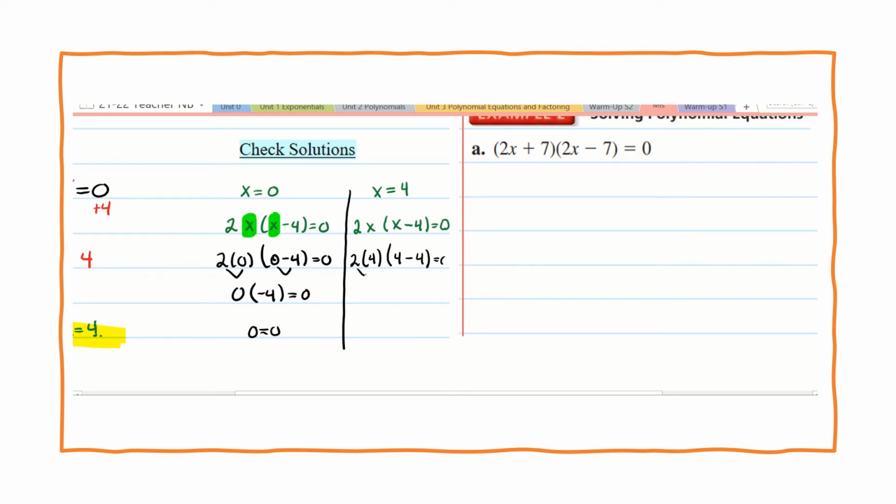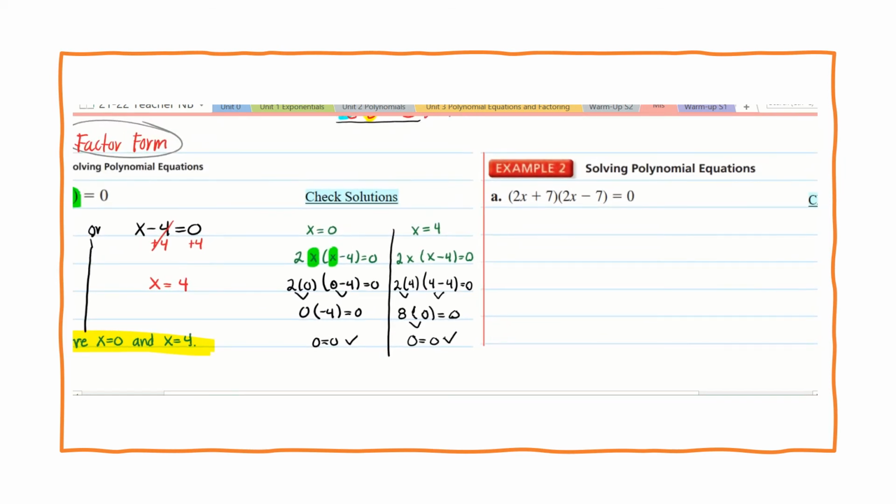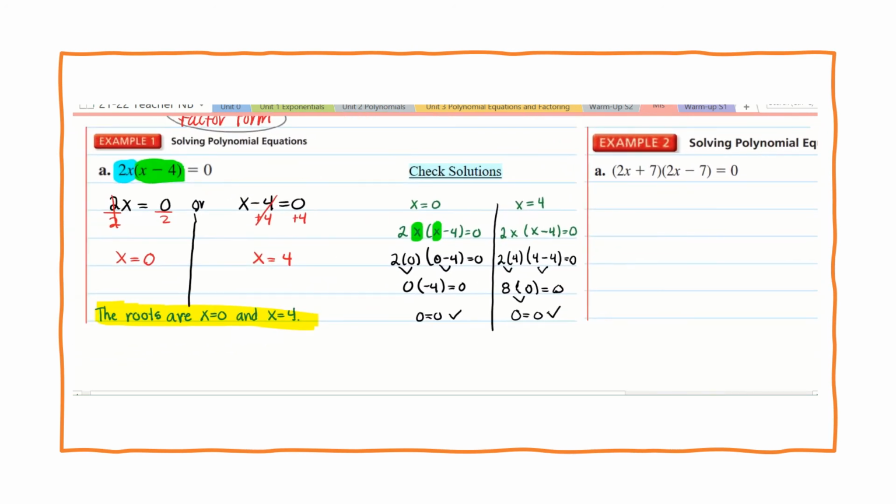And then we proceed to simplify, so we get 8 for 2 times 4, and inside the parentheses we have subtraction, so we get 0 there. 8 times 0 is 0, so since we got that 0 equals 0, both of the solutions that I got were correct. Even if you don't do it on paper, you should always do it mentally so that you can check whether the solutions that you got were correct.